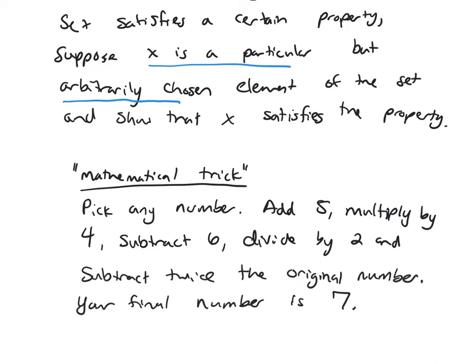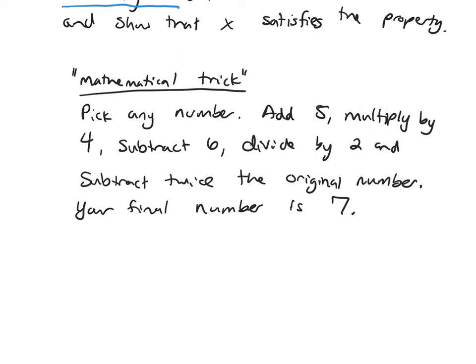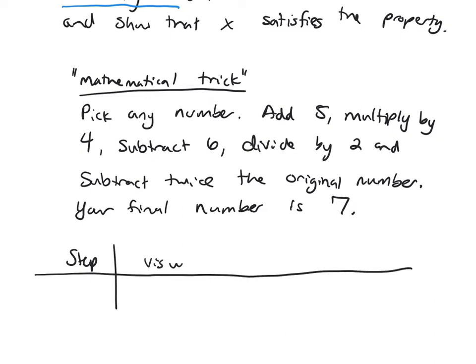So to see what's going on here, to verify that you end up with 7 always, you can think about this in 2 ways. So you can think about it in a visual way or an algebraic way. So we're going to look at both.